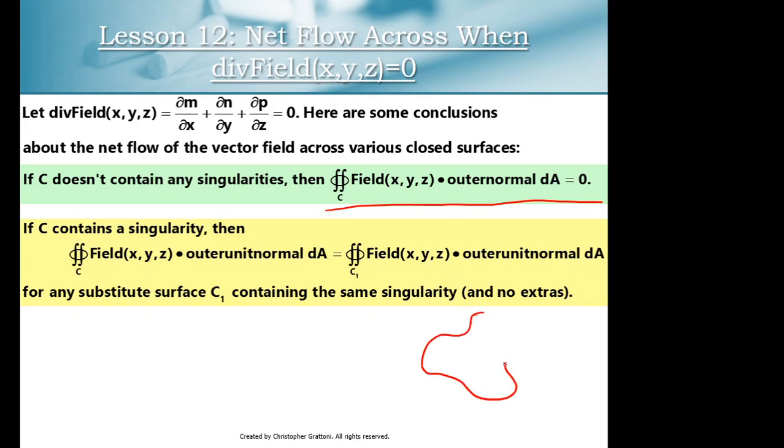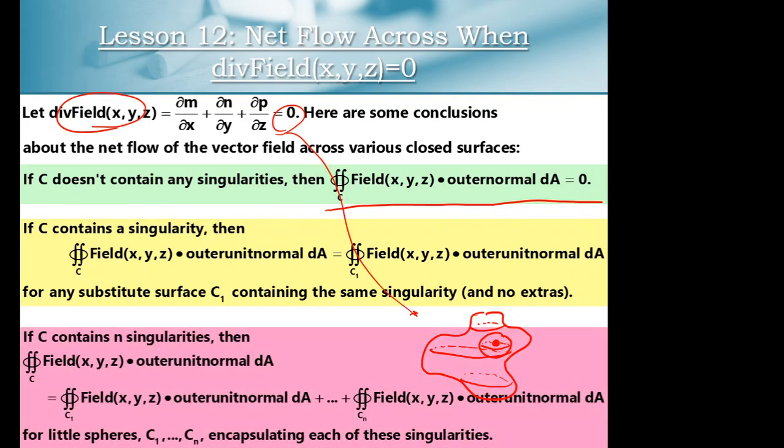What I kind of picture is something like this. Let's say you've got a surface C1, and we know that the divergence of our vector field is equal to 0. And let's say we've got an ugly singularity inside of our surface. Well, we can actually replace our complicated surface with a much simpler surface, maybe like a sphere or something, as long as we know that our closed replacement surface contains the same singularities as our original surface.